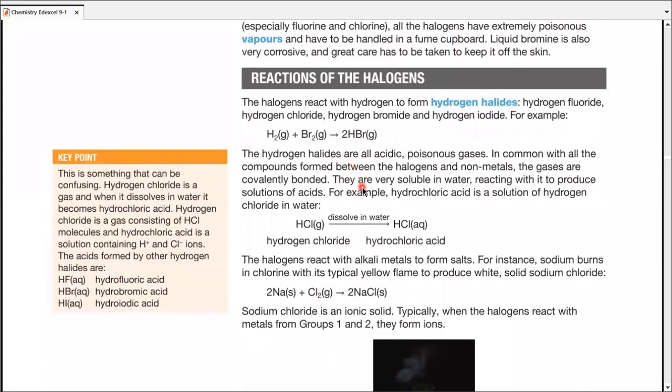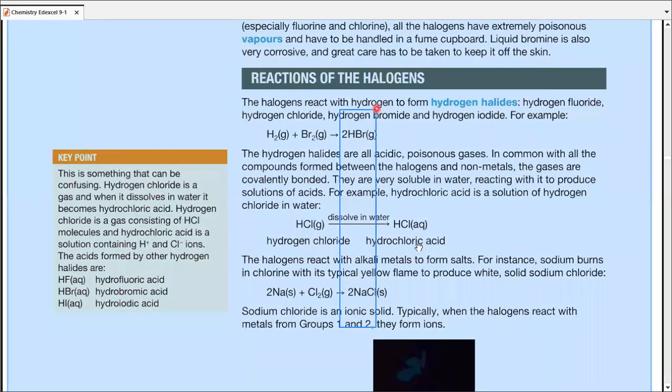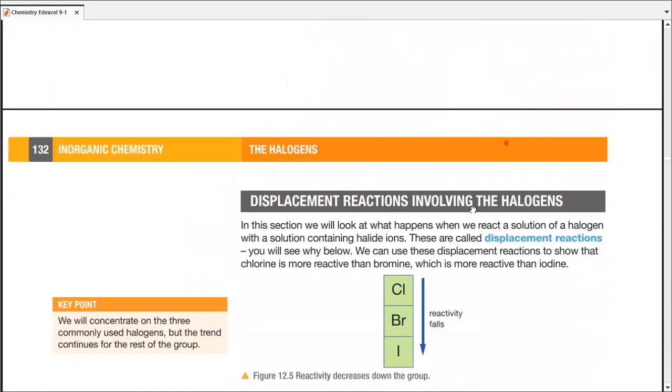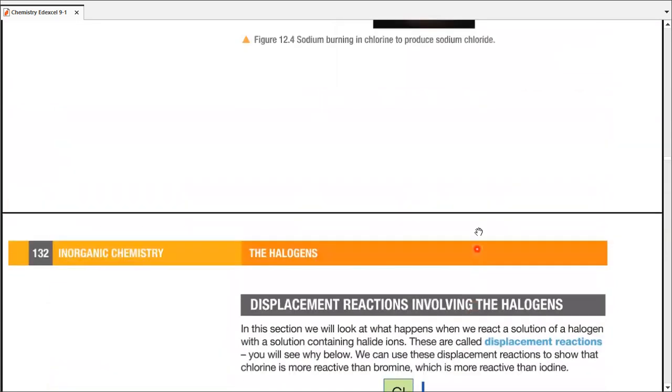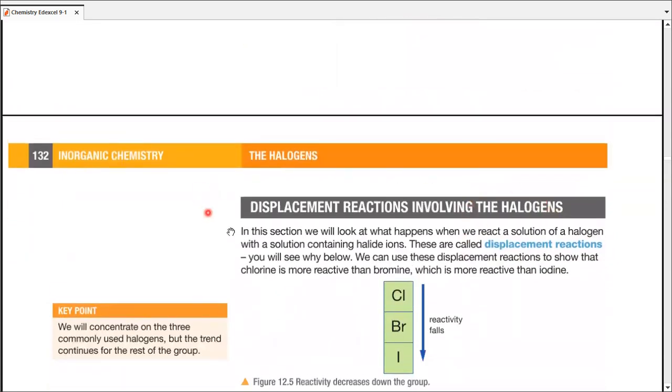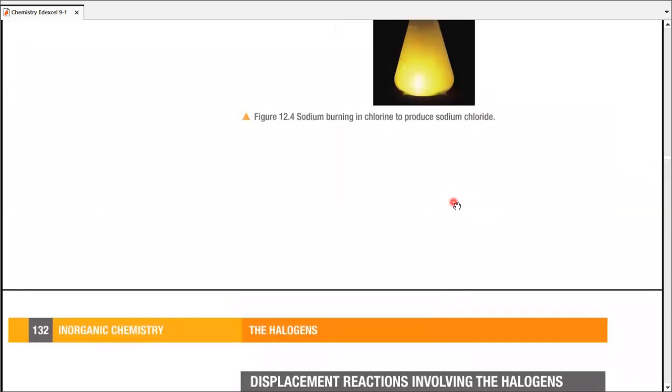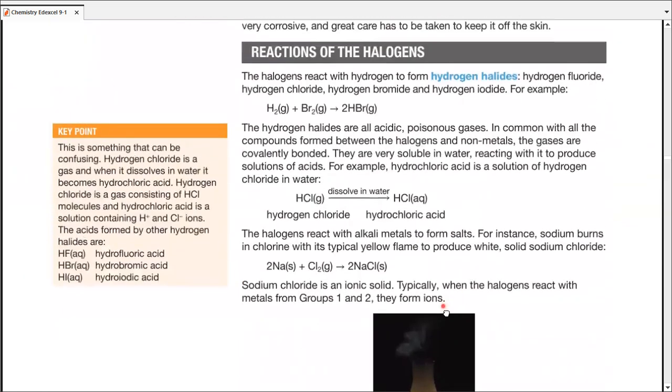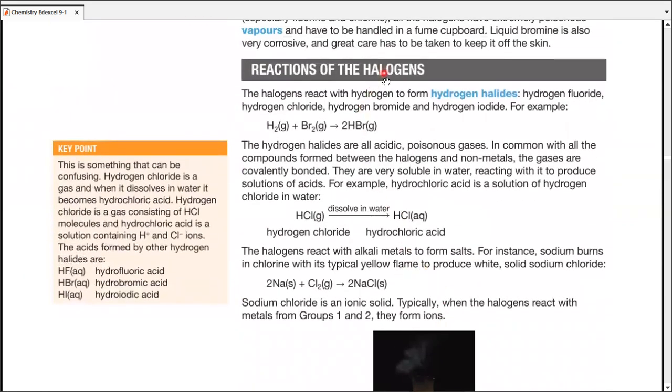Reactions of halogens. Now, halogen reactions are based on many things, and we are going to consider different reactions with different products. The book is simply going to keep writing the reactions and talking about them. They hardly use any headings, but I tend to talk about them in terms of headings.